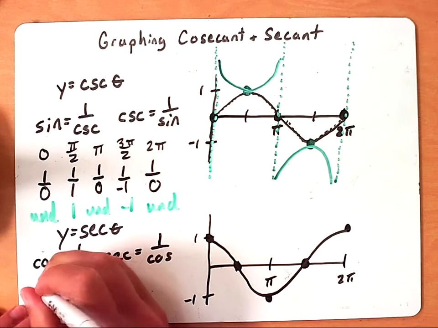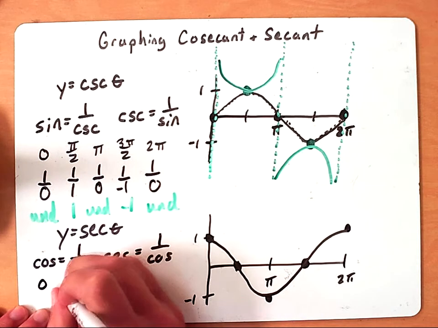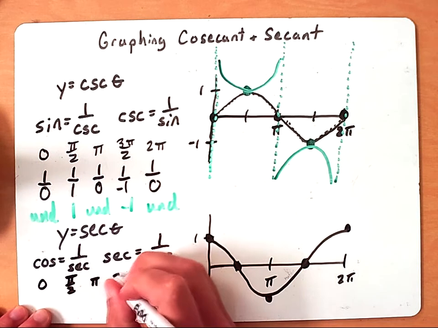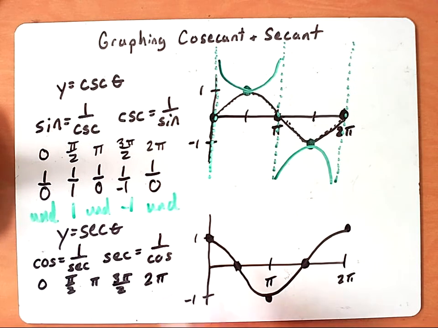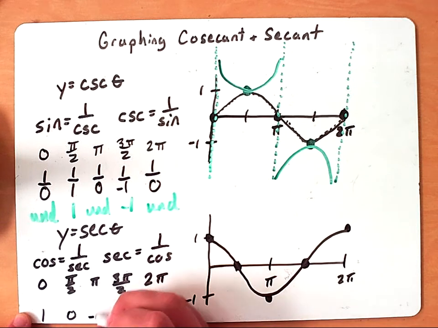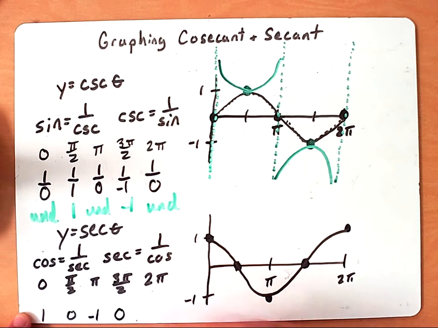Again, we could come in and put 0, pi over 2, pi, 3 pi over 2, and 2 pi. At 0, my cosine graph is at 1. At pi over 2, we're at 0. At pi, we are at negative 1. At 3 pi over 2, 0. And at 2 pi, we're back at 1.